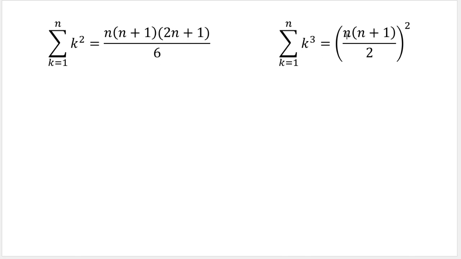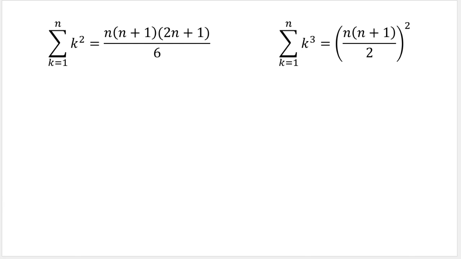And this one also has n times n plus 1 over 2, but you have to square that. Now I have a separate video that proves these two, actually just this formula, but then tells you how to get the other one. And since it takes a lot of time, in this video we'll just accept that. If you're curious to know why these go like that, please watch the other video.